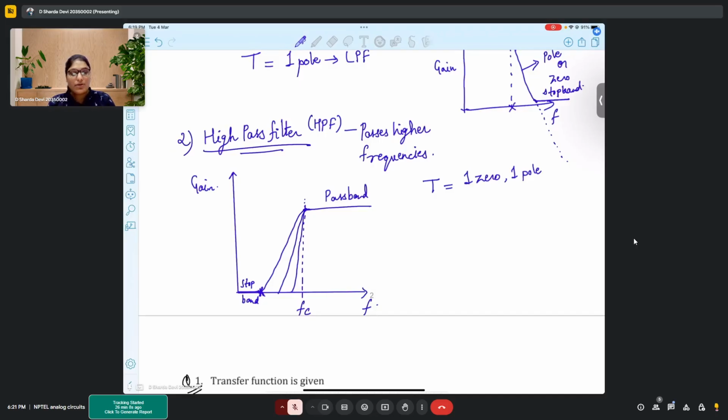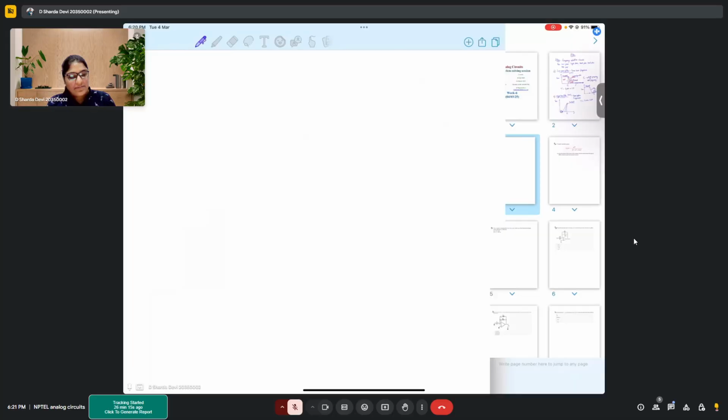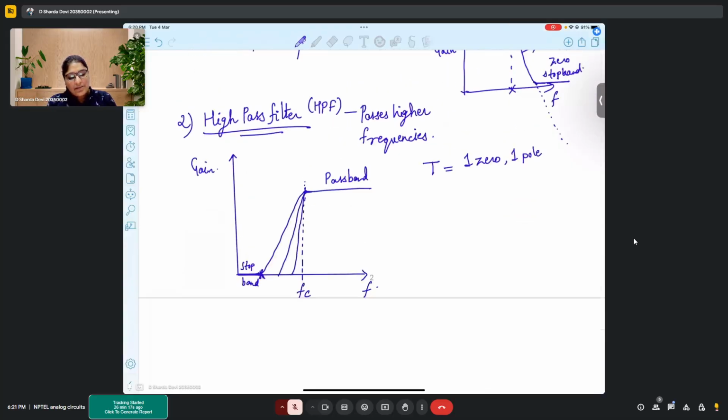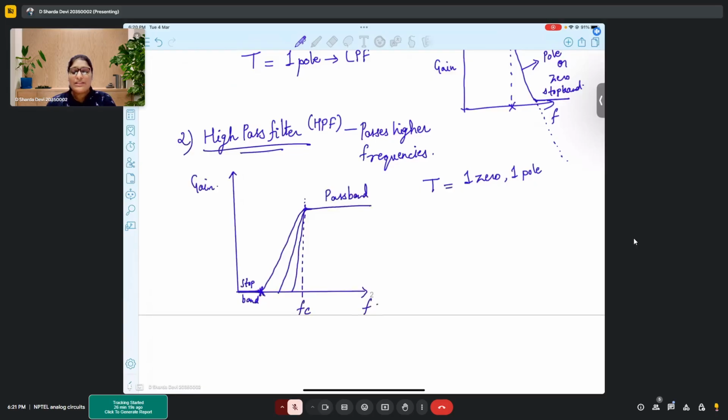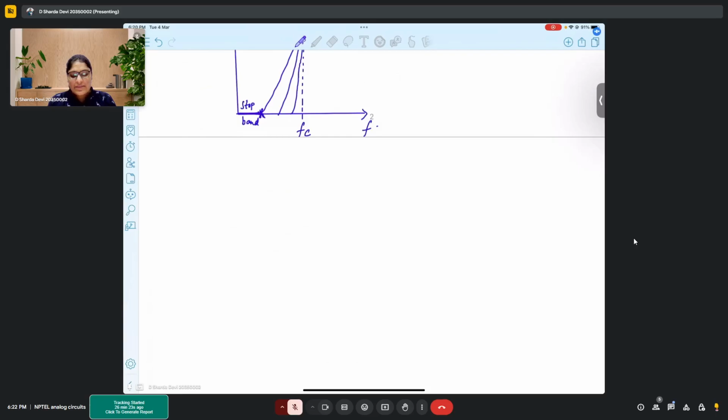So that is true for all the cases. Okay, so now this is all about the behaviors, right? Now, if we talk about how the circuit will look, a simple low pass or high pass filter can be designed as simply as using an RC circuit.